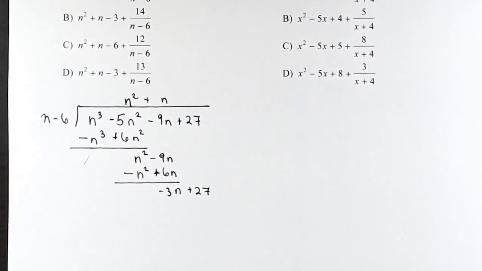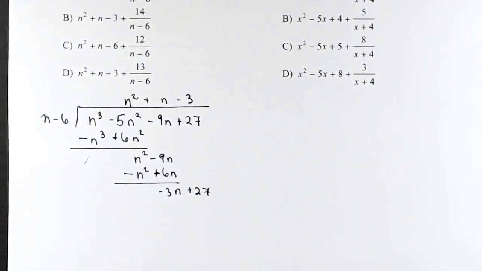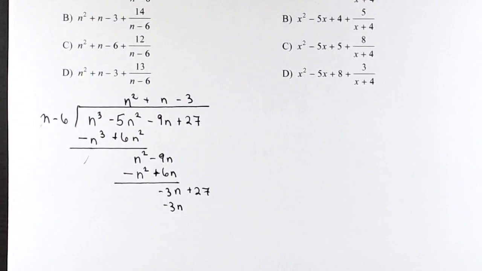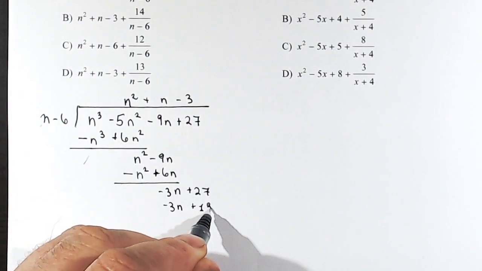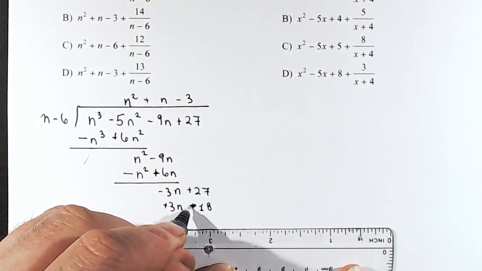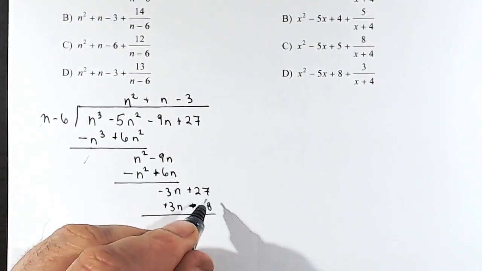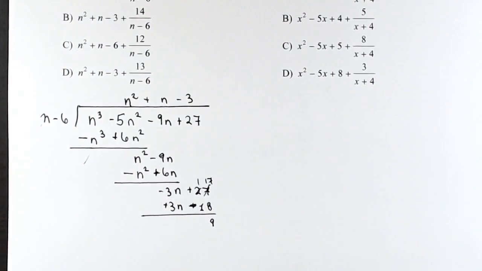Okay, so now you say, what do I multiply by n to make negative 3n? And you'd say, well, that would be negative 3. Negative 3 times n is negative 3n. Negative 3 times negative 6 is positive 18. Remember, change the signs. And you're left with this remainder of 9.